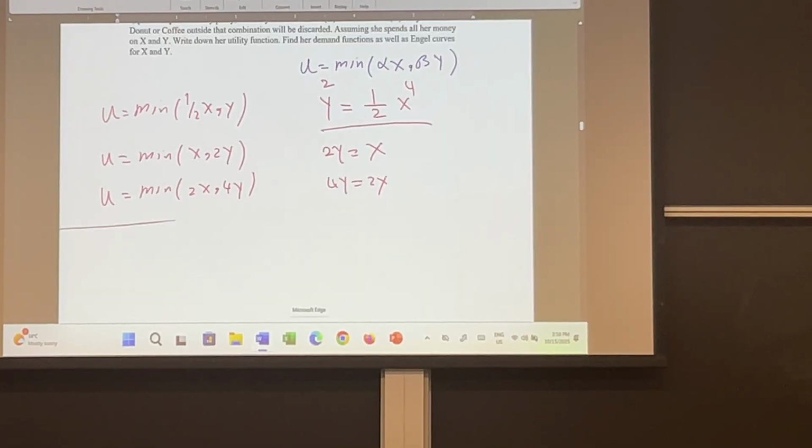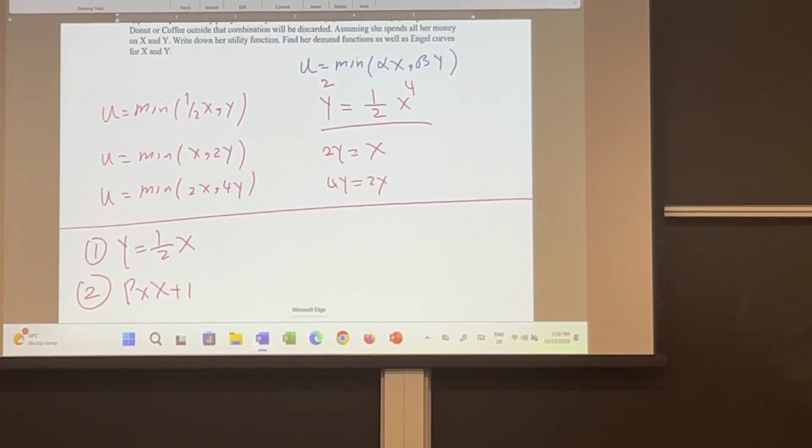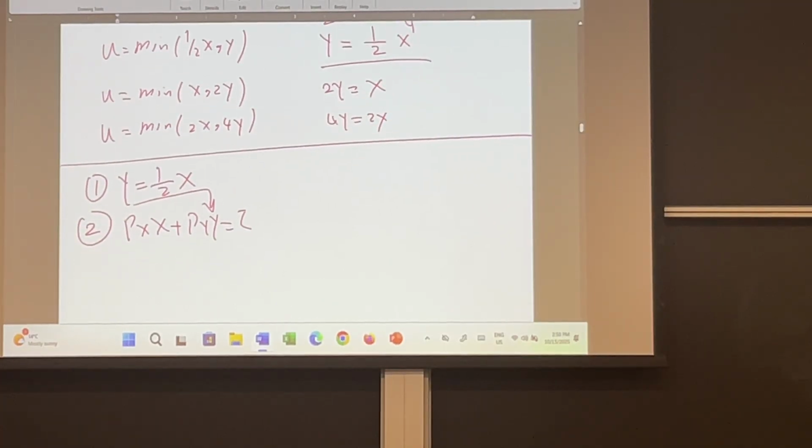Then I tried to find a demand. If you try to find a demand, that is your perfect combination line. You're going to use it. And then you can use the budget line to solve for it. Take this one, plug it there, and solve it. So what should be the demand for x?